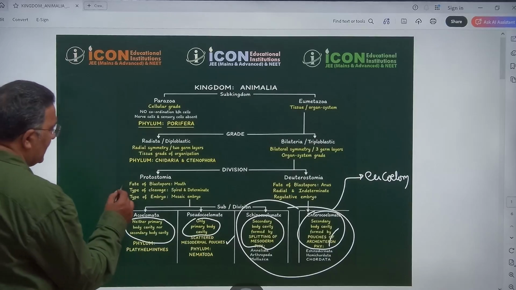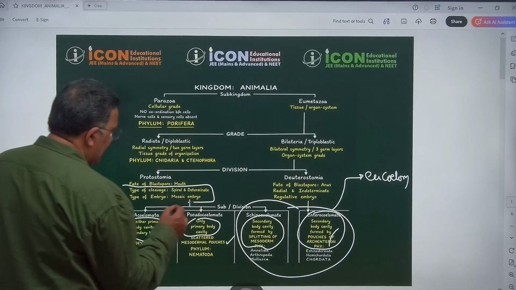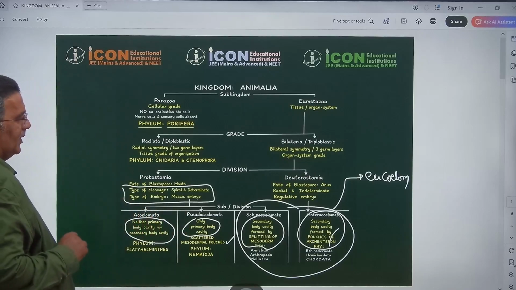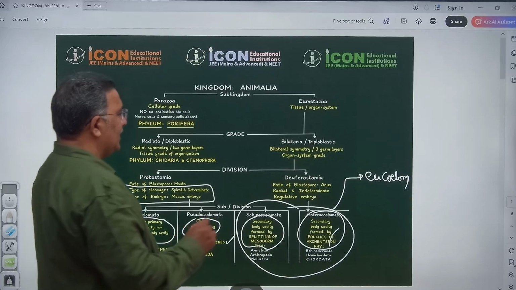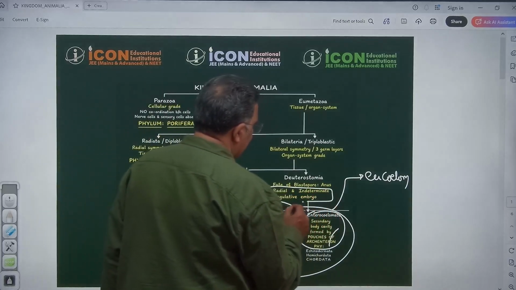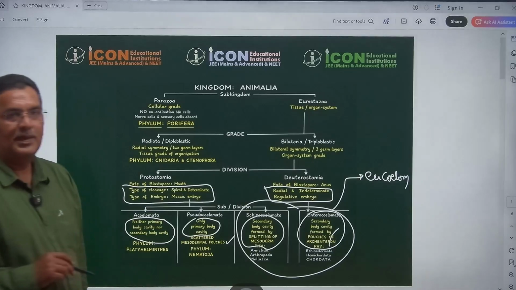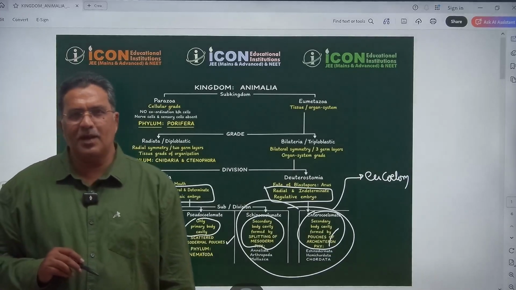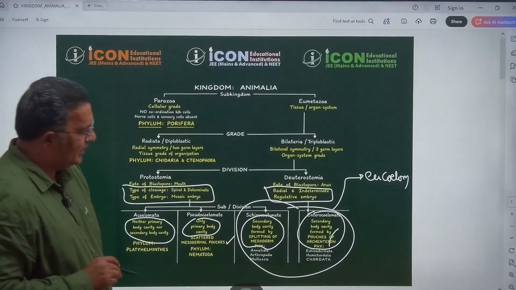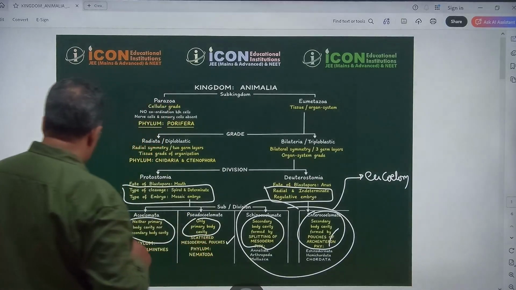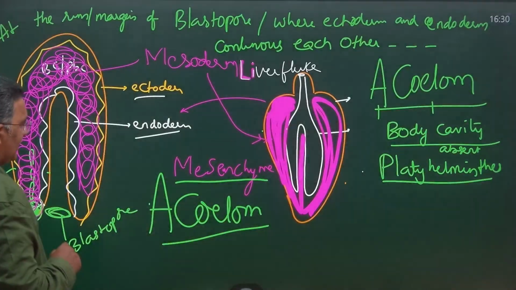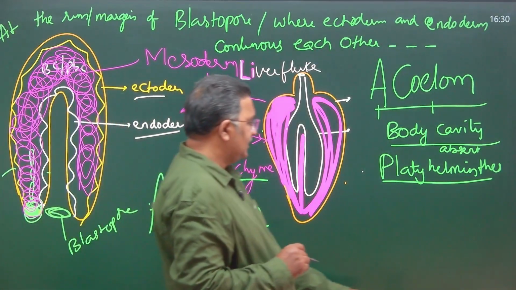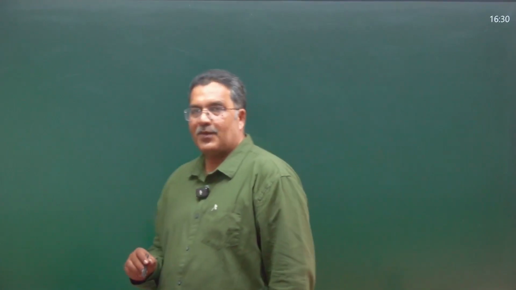The leftover items in the chart are spiral determinate, radial indeterminate, mosaic embryo, and regulative embryo. These are not very important from the NEET examination point of view. It's just a formality, we have to learn them, since coelom issues were already completed.